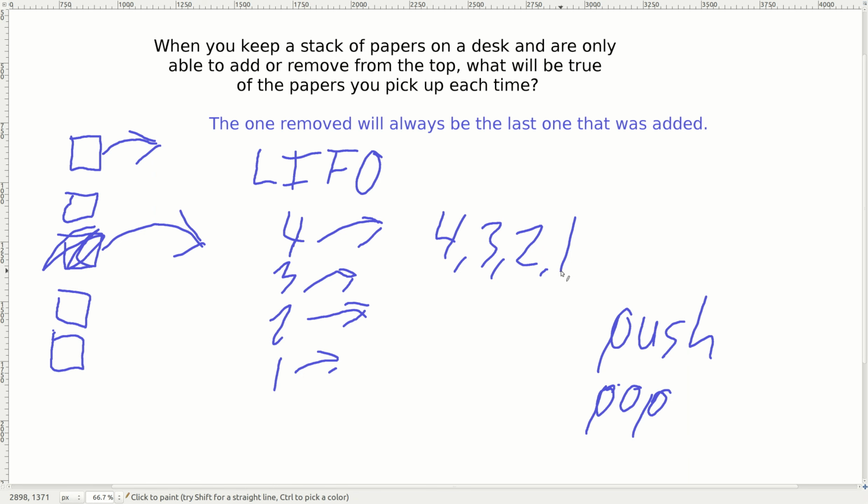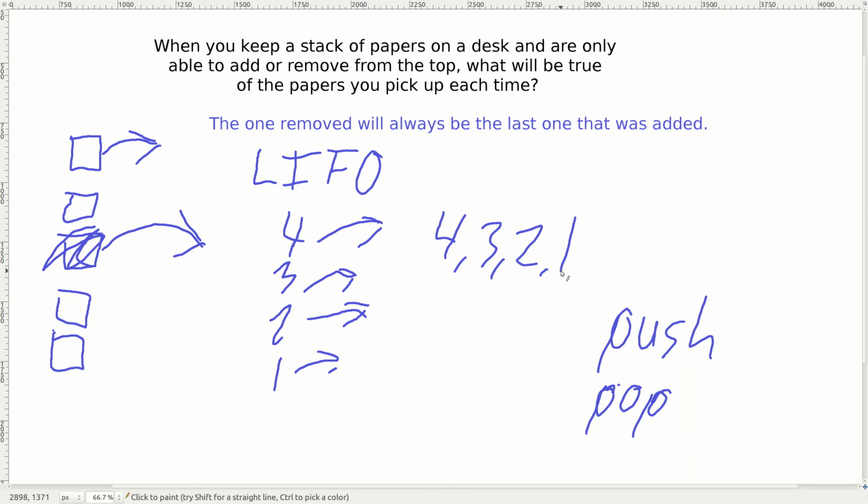So as you may have guessed, the data structure that you're going to be looking at will be a stack where we sort of treat things as being piled on top of each other, and we're able to remove the most recent thing that was added, the last thing in. So the main operations for a stack are going to be push and pop.